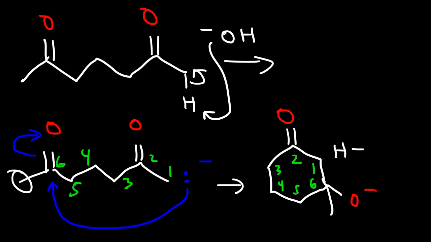So in the next step, we need to protonate the alkoxide ion. And so now we have the aldol addition product. Now the next thing that we need to do is remove the alpha hydrogen. So we need to use hydroxide to form the enolate ion.